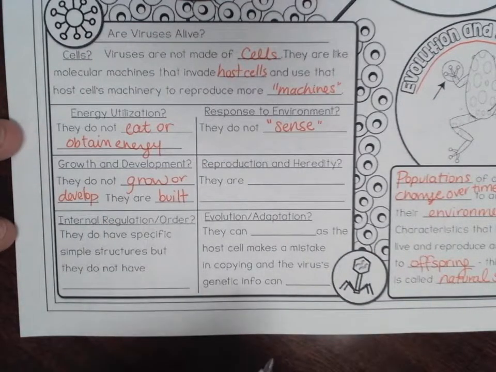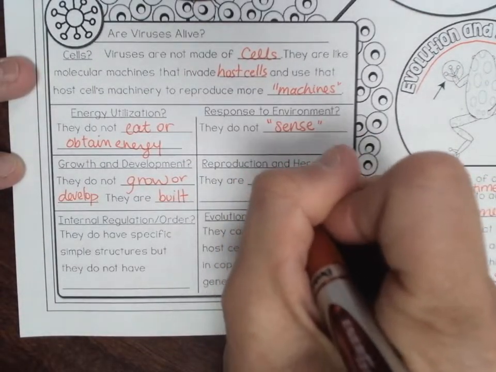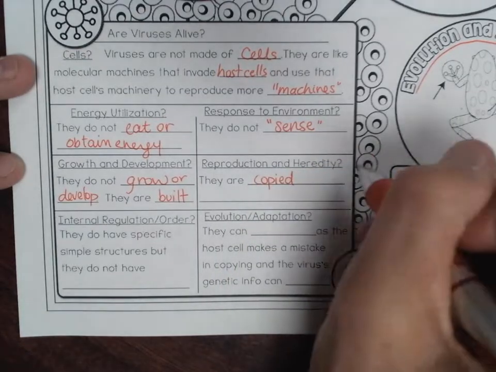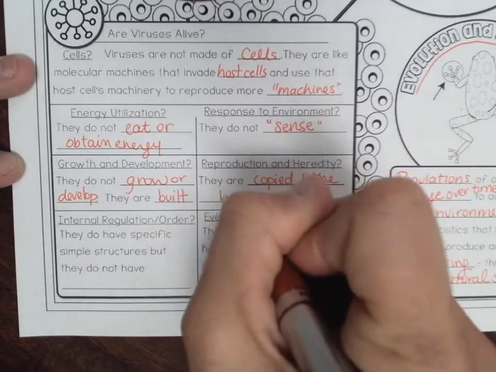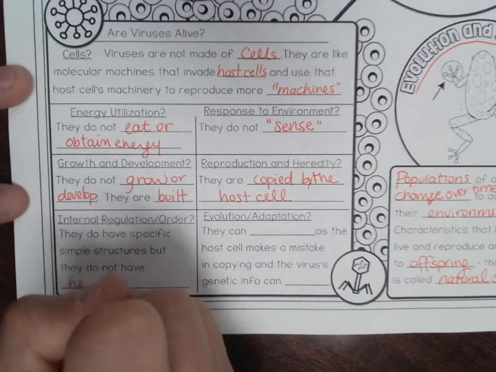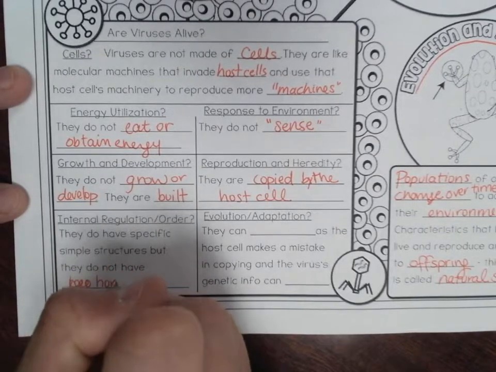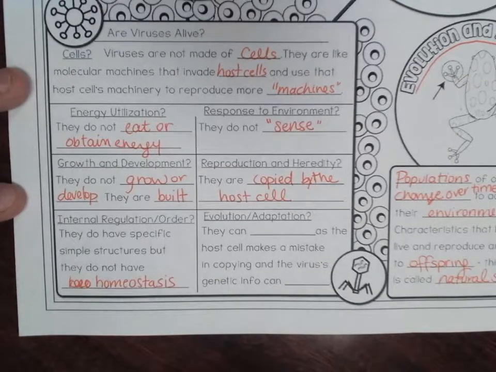For reproduction, they do reproduce to a degree. They are basically copied. It's like making photocopies. They are copied by the host cell. What about internal regulation and order? They do have specific simple structures, but they do not have homeostasis. Oops, spelled that wrong. Homeostasis. They don't regulate internally. And lastly, the evolution.